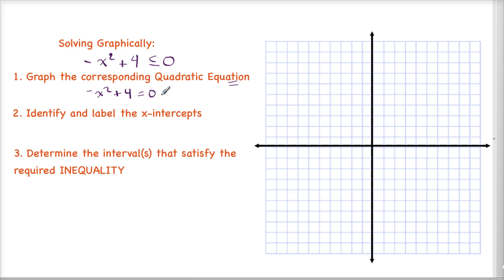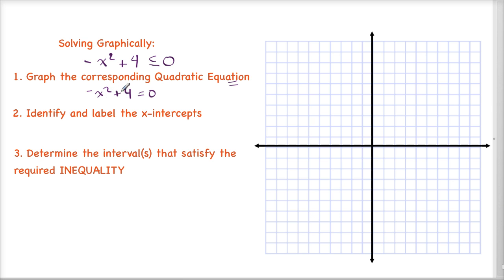Okay, now there's a few different ways you could do this. You could graph this with Desmos, with your calculator, by hand, or just using kind of like our transformation facts. So negative 1, I know this opens down. It's just a regular parabola. It isn't vertically or horizontally stretched.